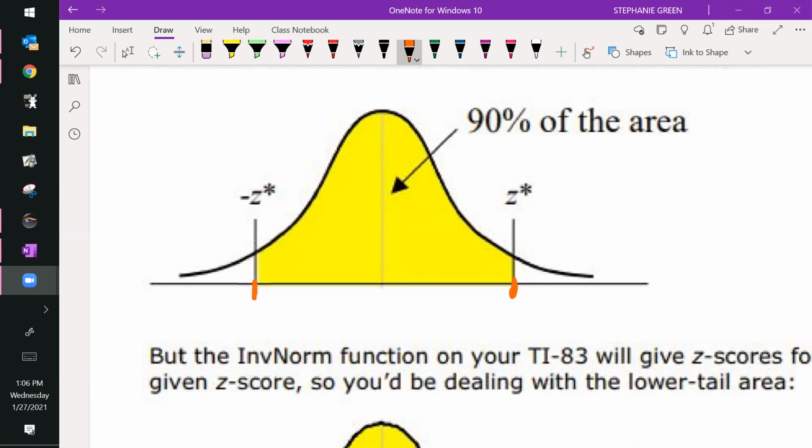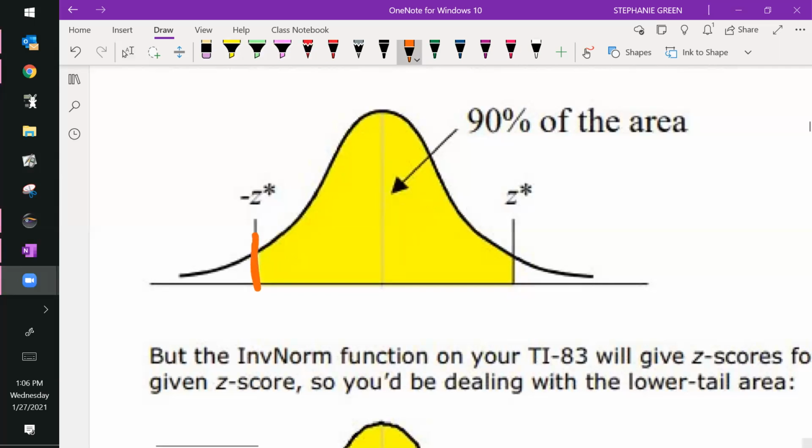Let me show you how to do it using a standard normal table first. Remember, you cannot use a graphing calculator on all portions of your AP exam. So you need to know how to do these things without a calculator when you have to. And you will have to at least once. So if I'm going to use my standard normal table, I first need to decide what area we're looking for.